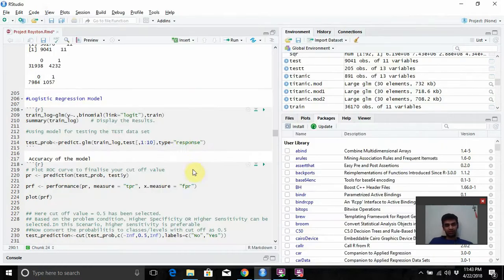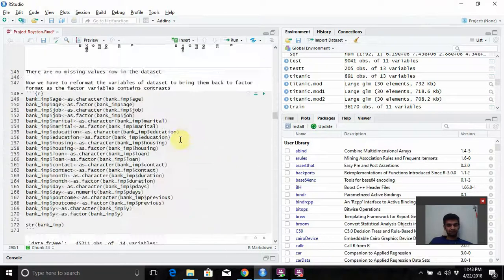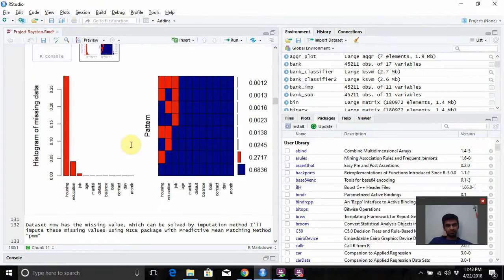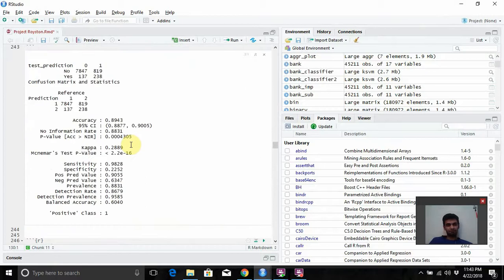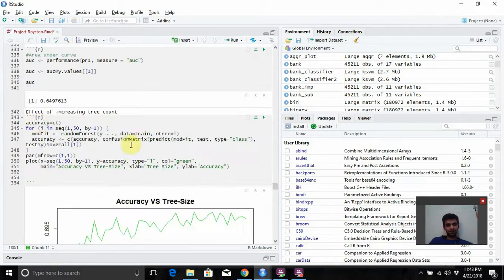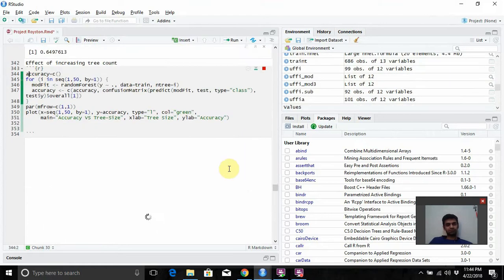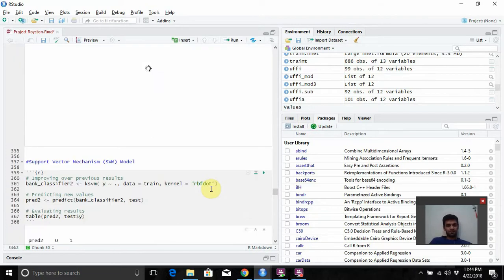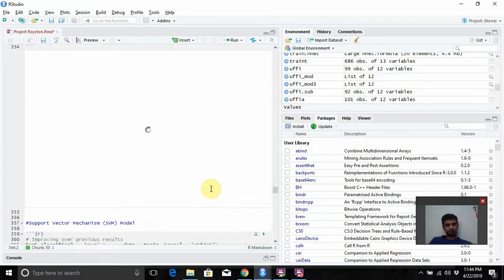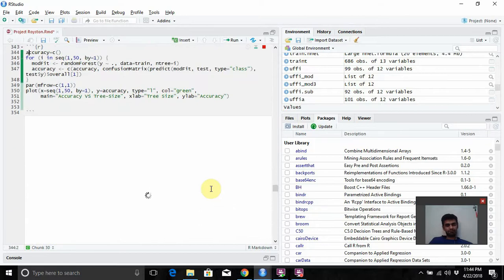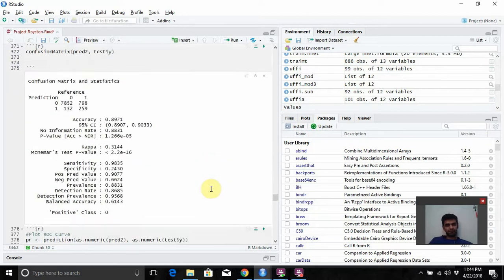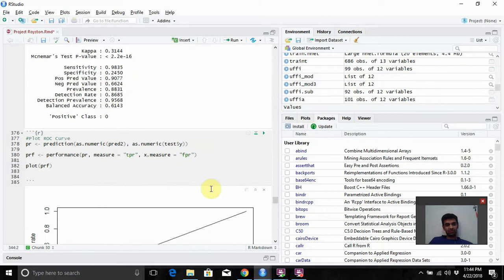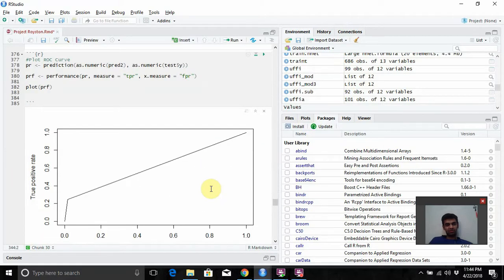And I'll run some code. Yeah, it ran. For accuracy, I have used the confusion matrix, and for the area under the curve, I first plotted the ROC.